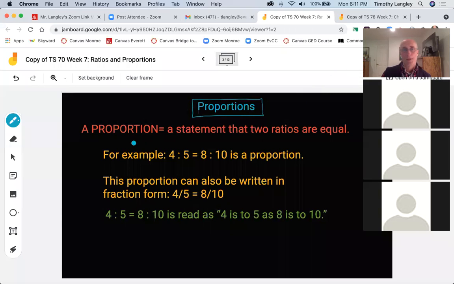All right, this idea of a proportion is, by definition, a statement that two ratios are equal, okay? And in fact, you could even write this down: when they're equal, we say they are proportional.